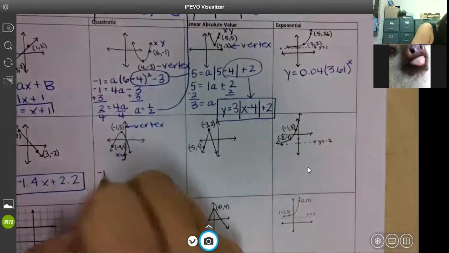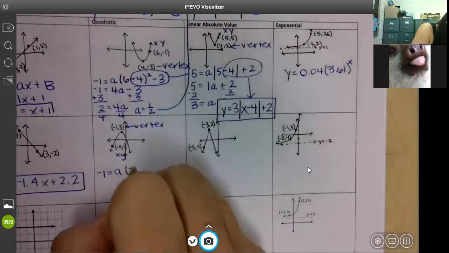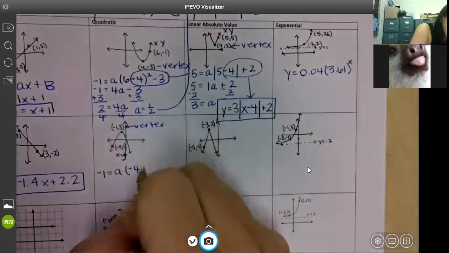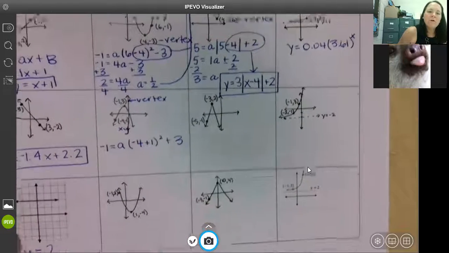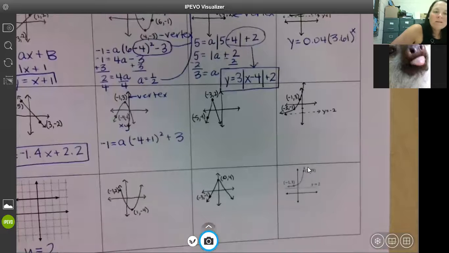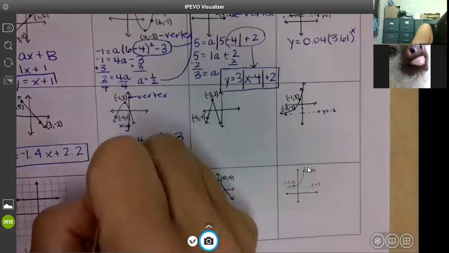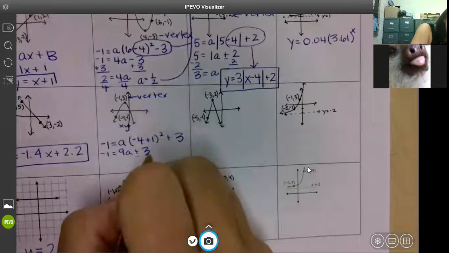So y is -1 equals a times your x coordinate, which is -4. And then your vertex, change the sign, +1 squared. Leave your y coordinate with your vertex. -4 plus 1 is -3. Squared is +9. So you get 9a plus 3.